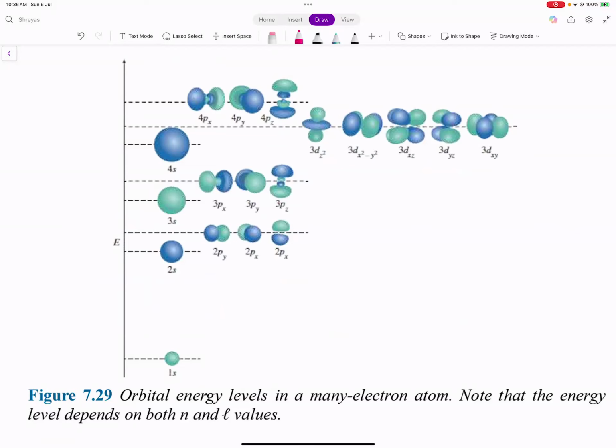An increasing number of orbitals gives higher energy. Just see how you will distinguish which is higher in energy.